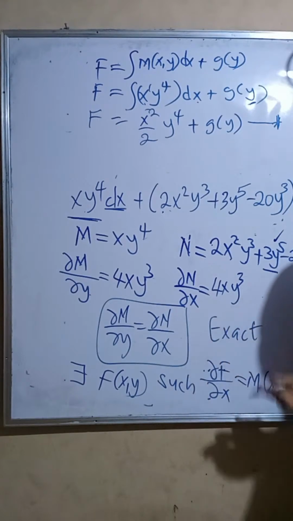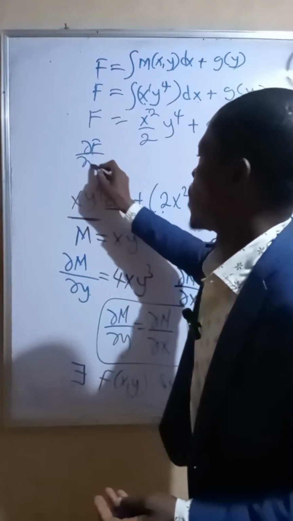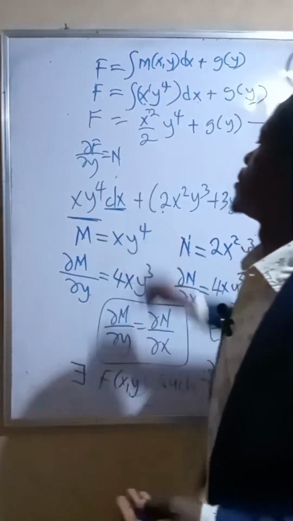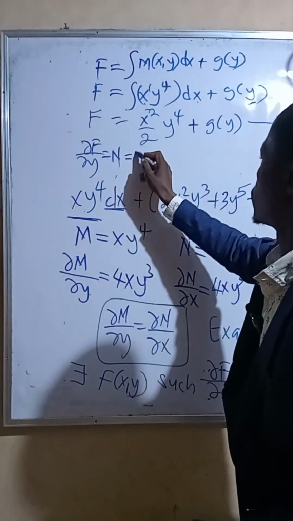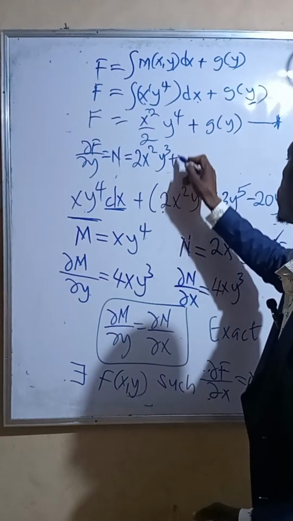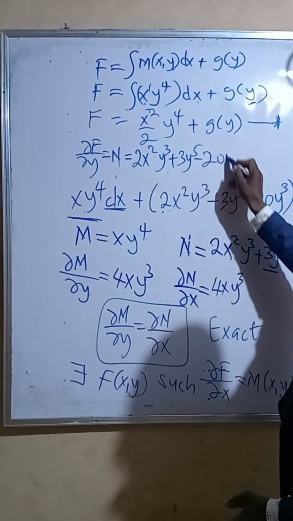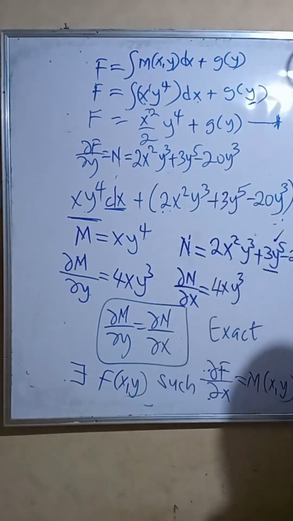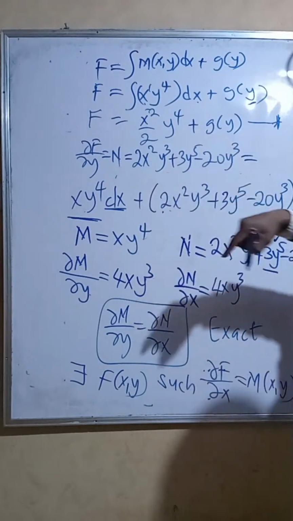Differentiating partially with respect to y will give us del f del y, which is N. My N is this one, 2x squared y cubed plus 3y to the power 5 minus 20y cubed, equal to the derivative of this one with respect to y.